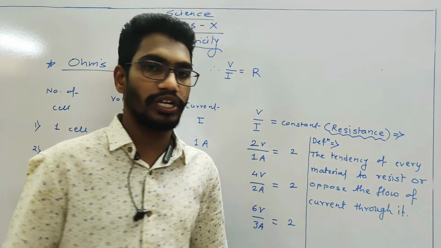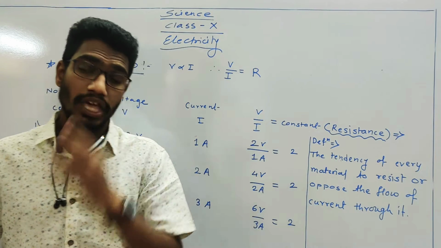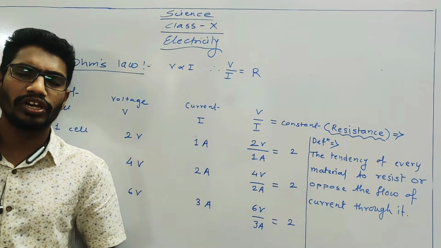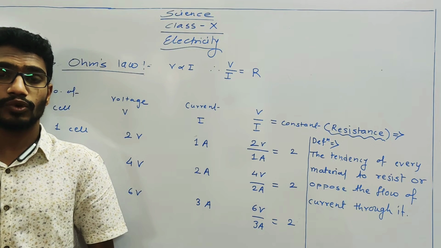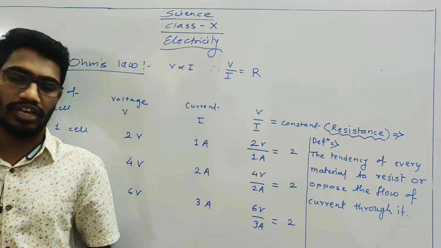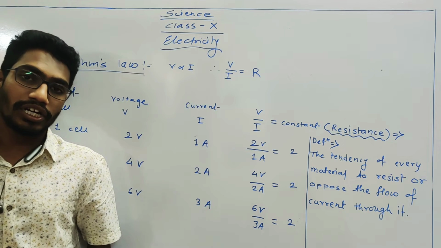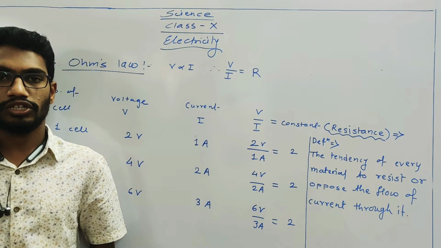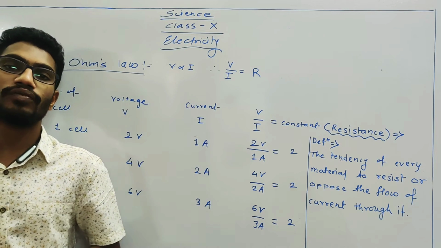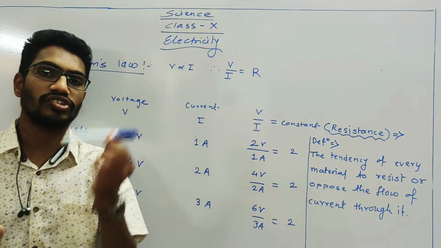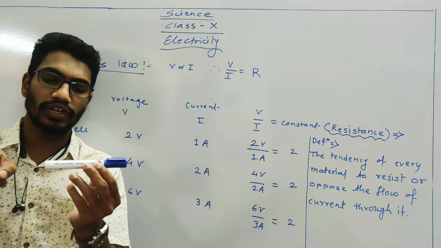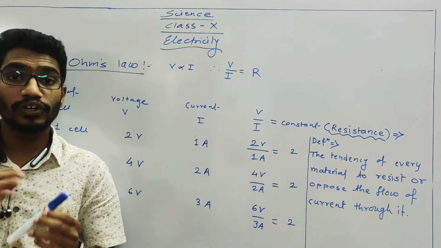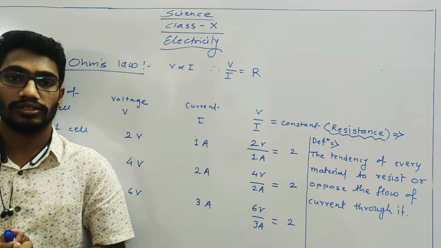That means every conductor, whether it is copper, aluminium, or silver, these are all good conductors of electricity. But every conductor has the ability to oppose the flow of current through it. If this is a copper conductor and current is going to flow through it, this material first opposes that current.